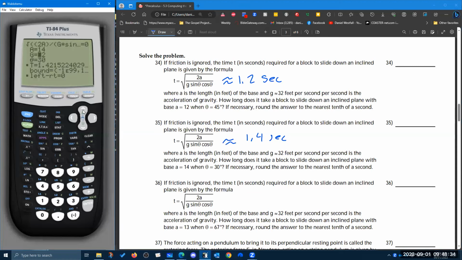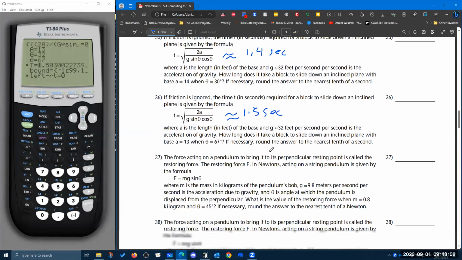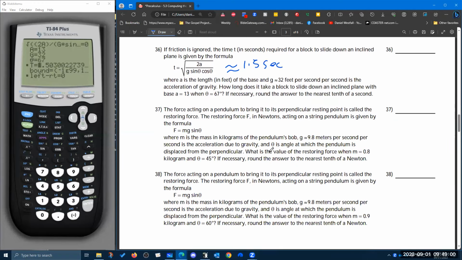Now we want to make A equal to 13. We want to keep our G at 32. That's a constant. Theta is going to be 67 degrees. And we're going to alpha solve. And this is going to be about 1.5 seconds. So that's it for that specific application.